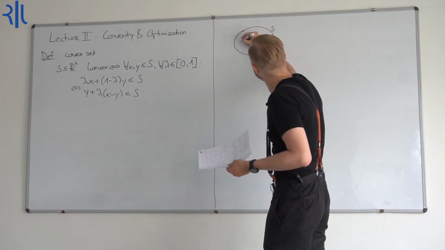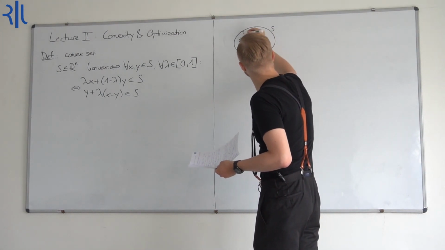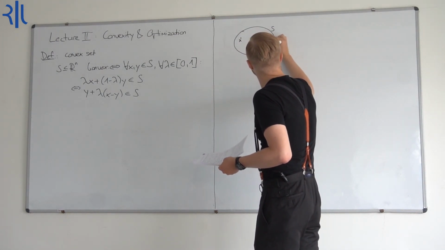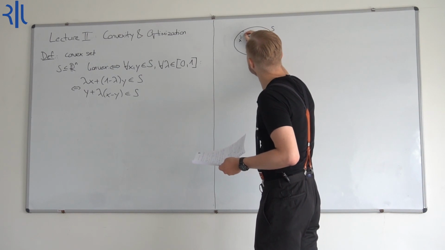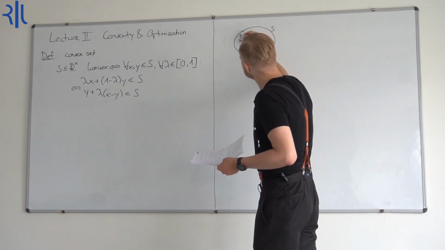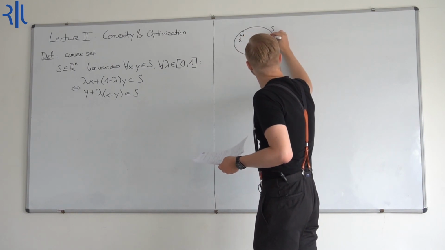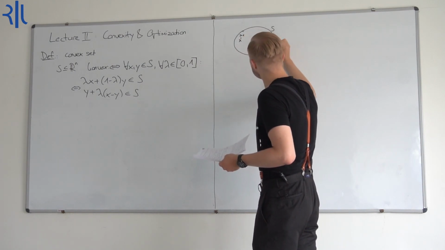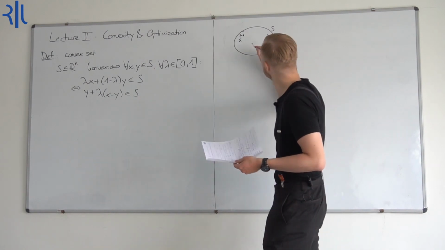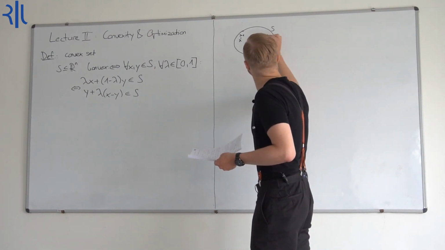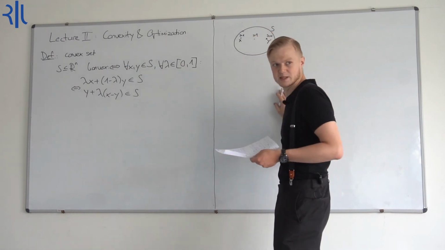So if we have our x here and our y here, for lambda equals 1, we get x. Lambda equals 0, we get y. Lambda equals 1/2, we get the point in the middle.